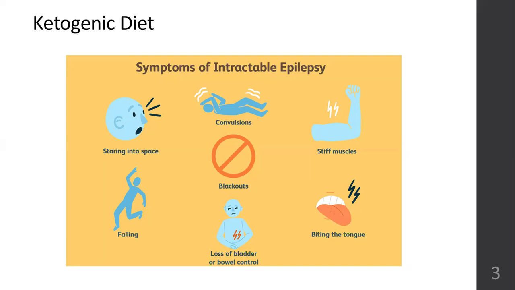Those kids who were suffering from intractable convulsions were put on this ketogenic diet. And as a result of that, weight loss was also seen. So weight loss was kind of a byproduct of the ketogenic diet, and it later became a marketing strategy for weight loss.